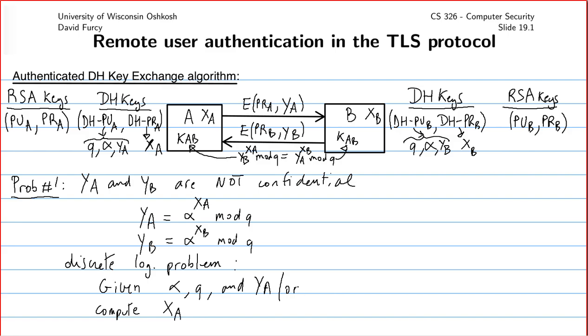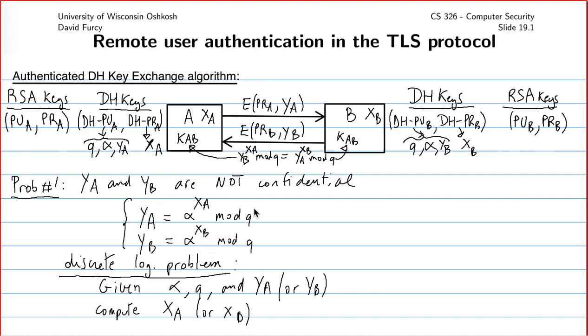Or if you know the value y sub B, can you compute x sub B? It's the same problem, it's just symmetric. Notice that the way to approach this is basically knowing this value and this value, can you find the fourth value in this equation? And similarly in the second equation.